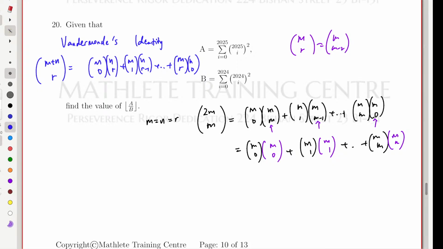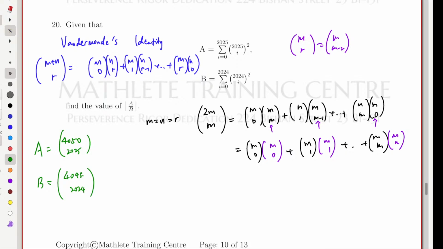So from here, we can tell that A is equal to 4050 choose 2025, and B is going to be 4048 choose 2024.